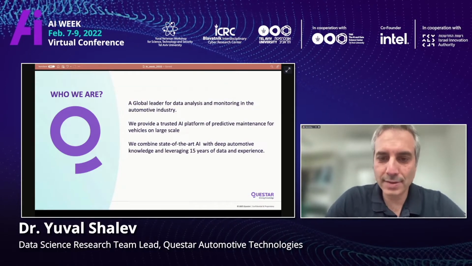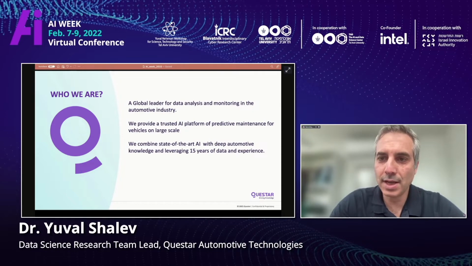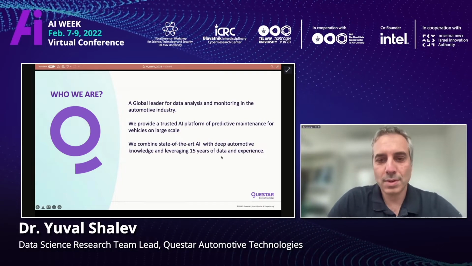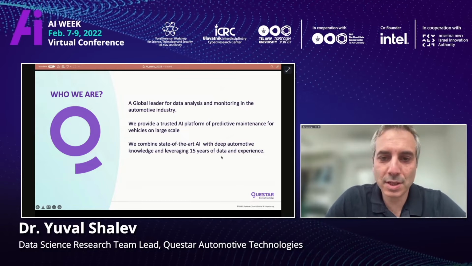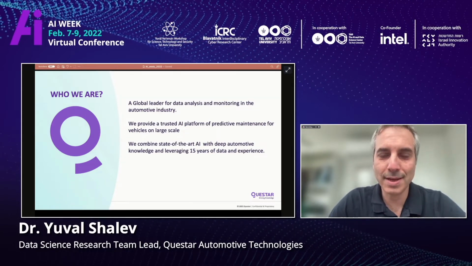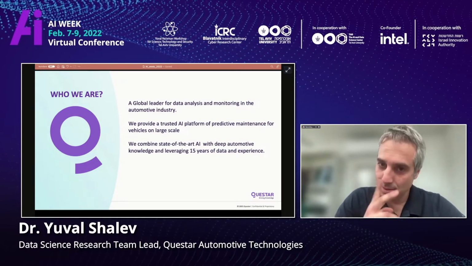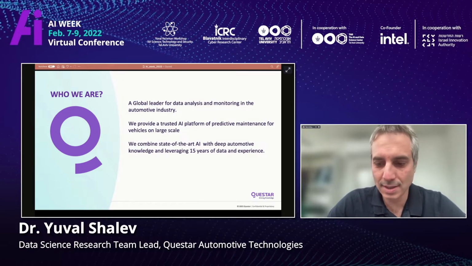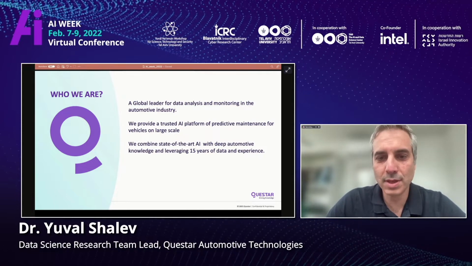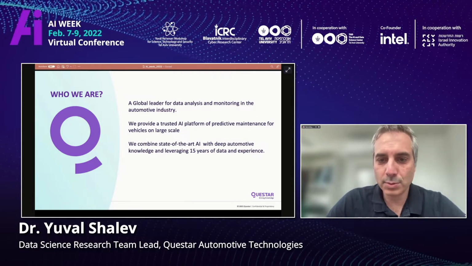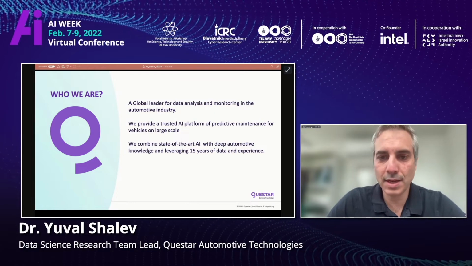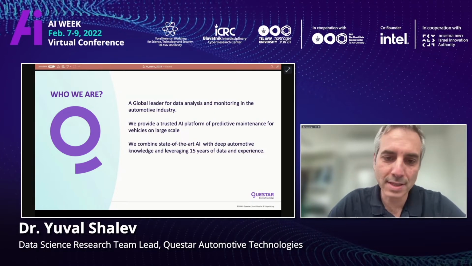First of all, before I dive into technical details, I would like to tell you a little bit about Questar. Questar is a merger of two main ingredients. One ingredient is expertise in the automotive industry, with a lot of experience working with large fleets of worldwide companies.